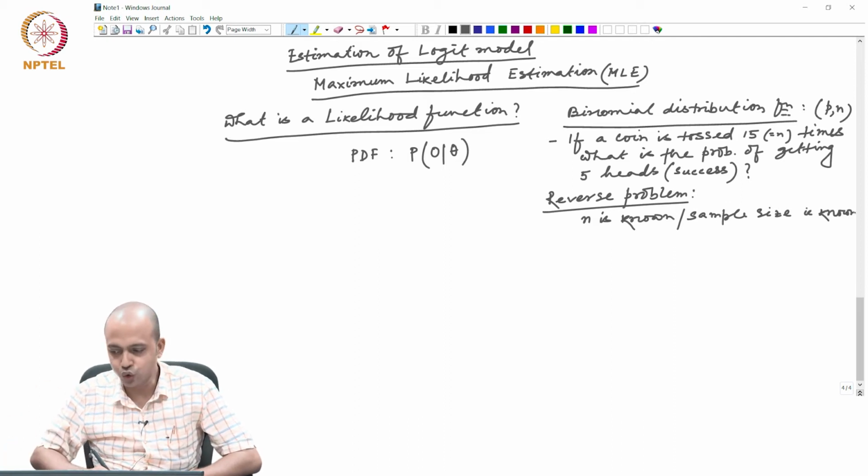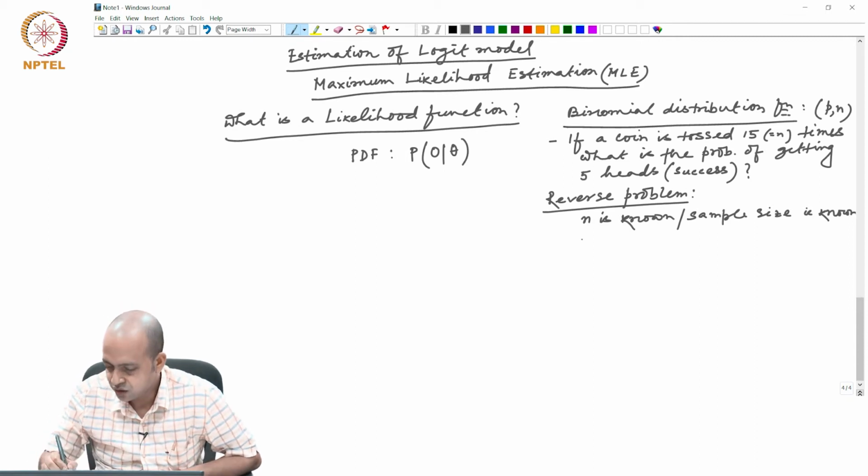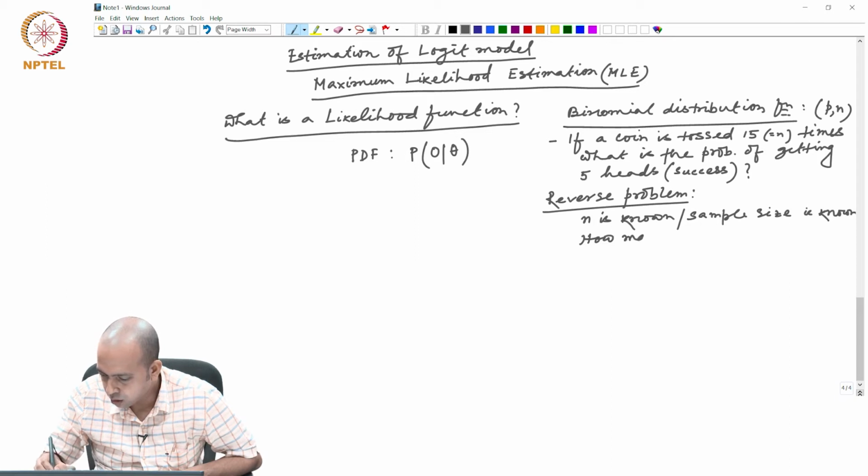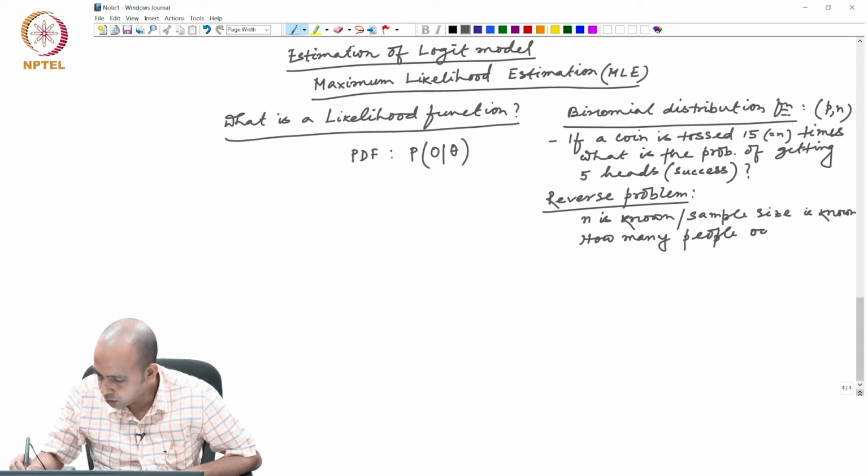I also know that out of these 15 individuals, how many people own a car.